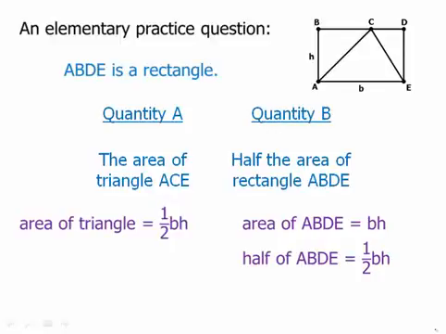Another way to see this visually, incidentally, is if we imagine splitting it in half, well, that area is equal to that area. And that area is equal to that area. And so it looks like the triangle is exactly half the area of the rectangle. You might do it visually or you might do it with formulas. Either way is fine, but either way it turns out that the answer is C.